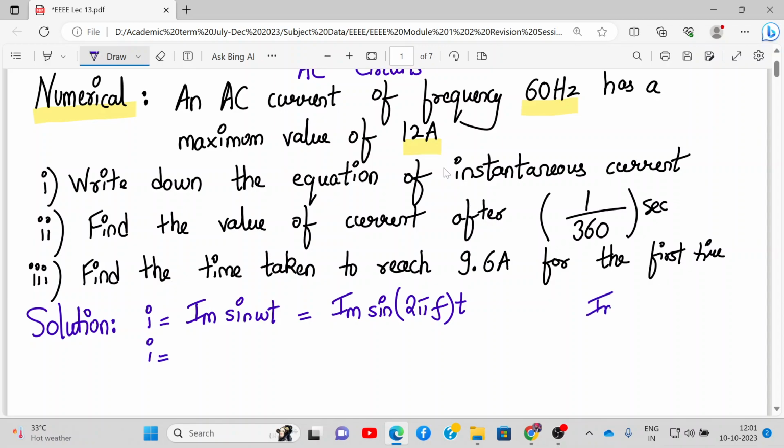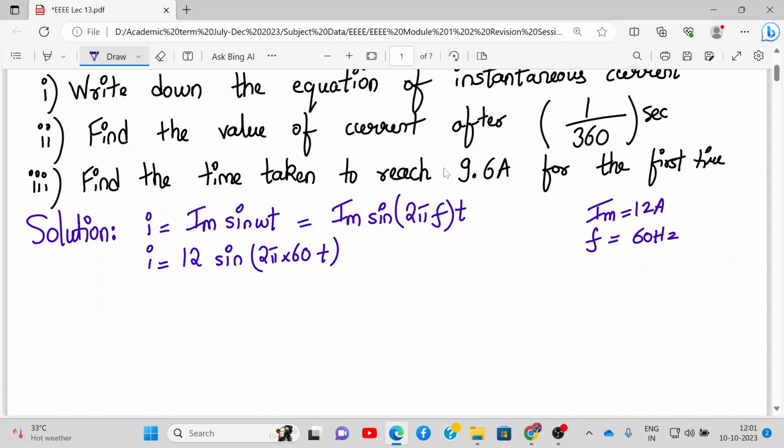So Im is 12 amperes and frequency is 60 Hertz. So this will be i equals 12 sine 2 pi into 60 t. If I multiply it, I will get i equals 12 sine 377 t.